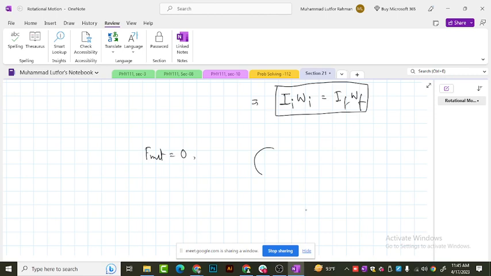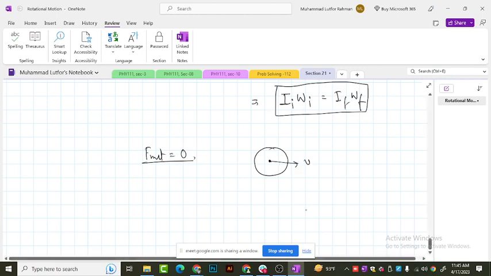Let's say I have a disc. If the net force is 0, the disc is not going to move its center of mass, but it can rotate. But if the torque on the system is 0, then it cannot be rotated either.